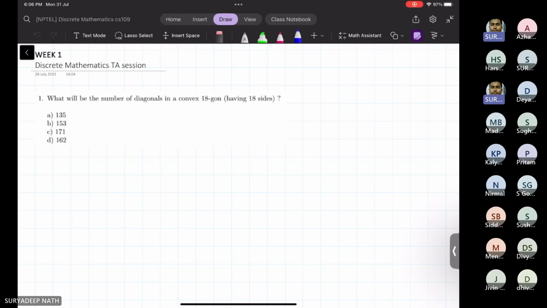These are the questions from the previous iteration of this course on discrete mathematics. Coming to the first question: what will be the number of diagonals in a convex 18-gon? Before we solve for an 18-gon, let us try to see the problem for a smaller polygon.